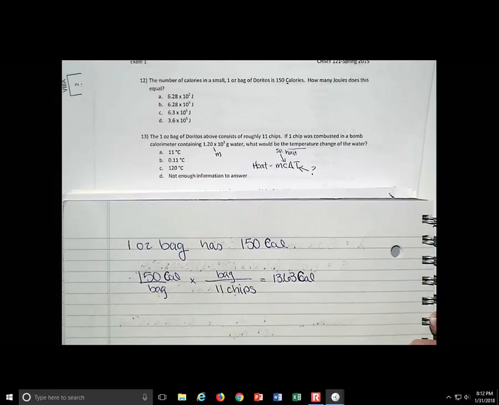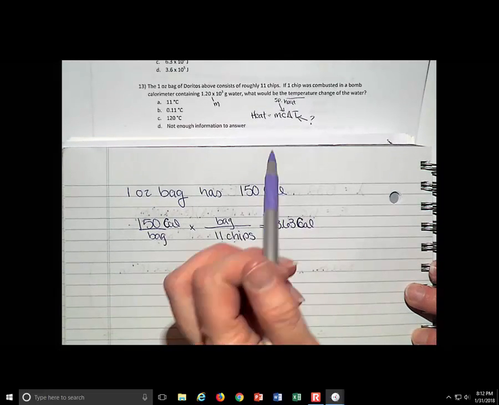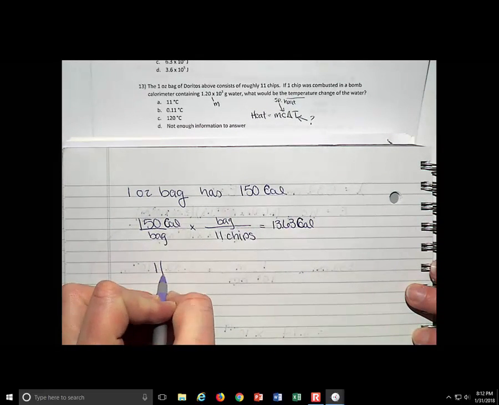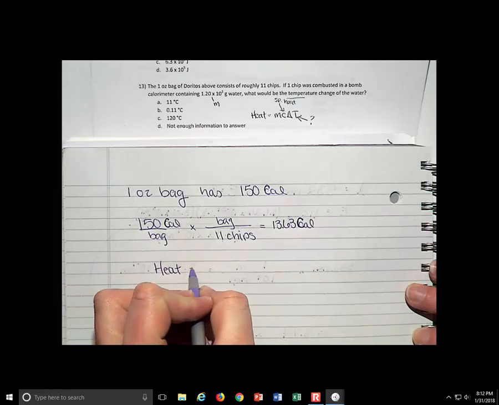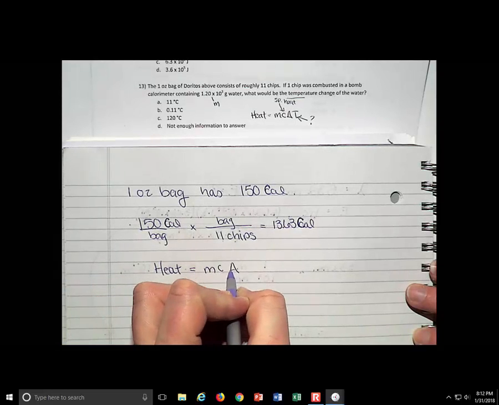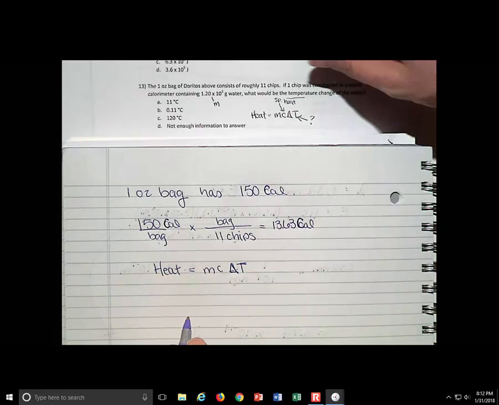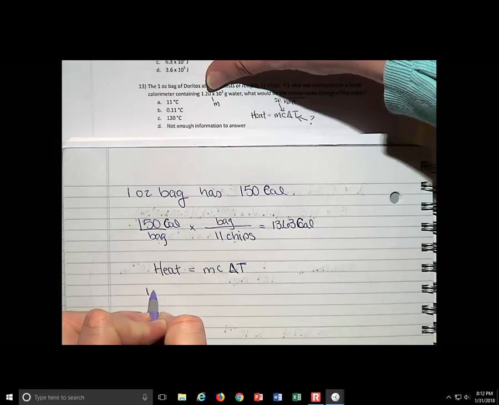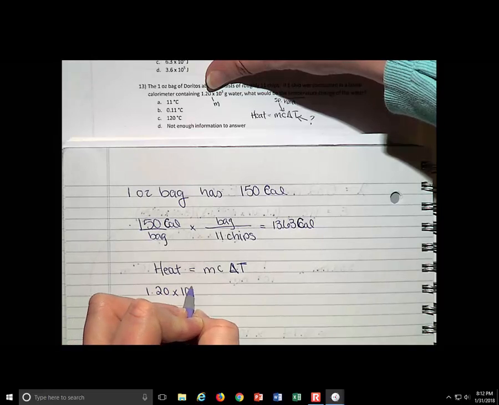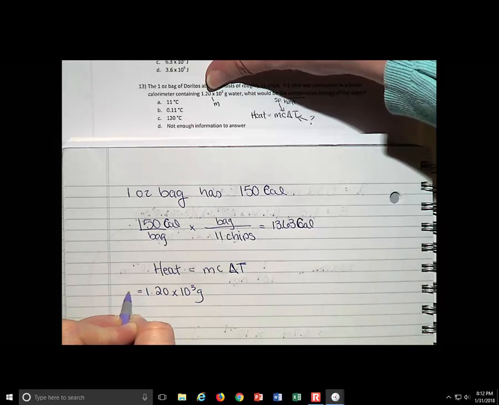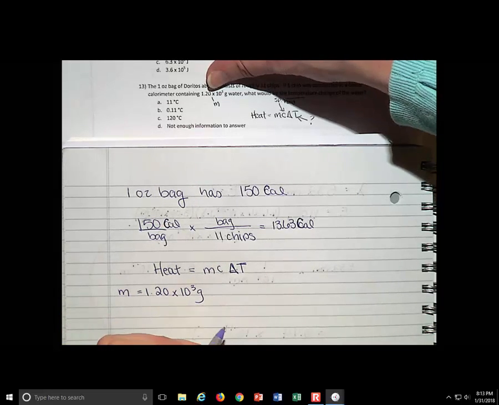So we're still going to use this equation here. Heat equals mc delta T. In the problem, we have 1.20 times 10 to the third grams, and that's going to be equal to our mass.